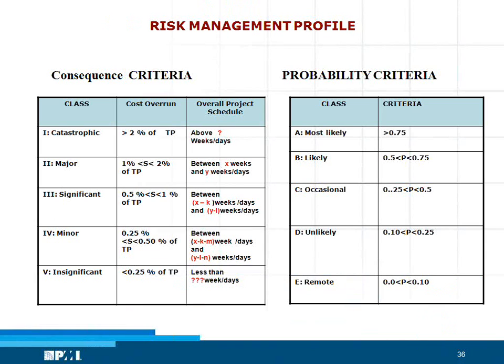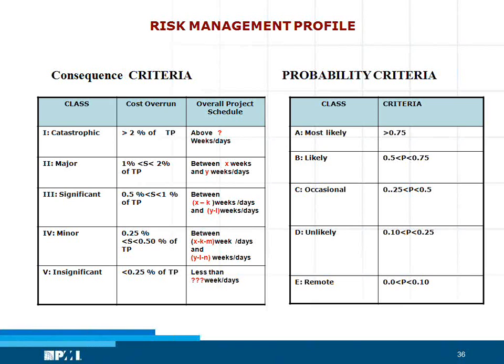You could create a kind of a risk management profile for your organization by classifying them. I've just put together, just for your thought process, a template. Like a catastrophic event would be creating maybe perhaps more than 2% of the total project cost variance.